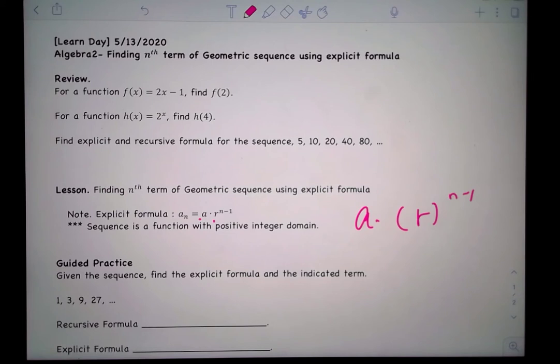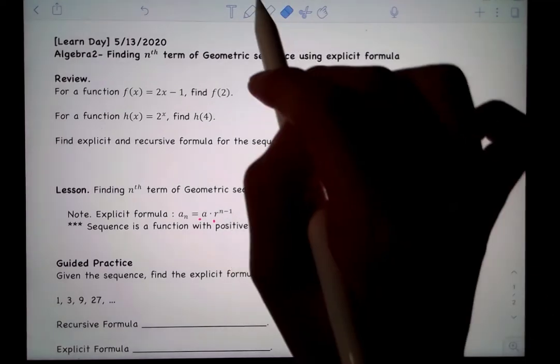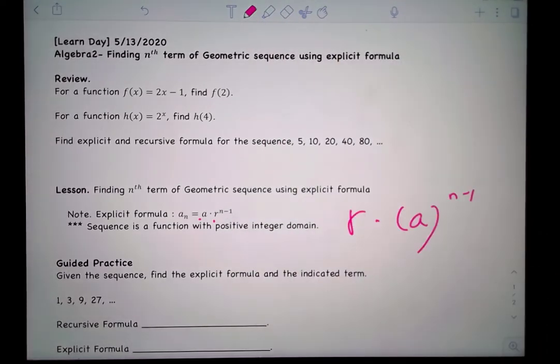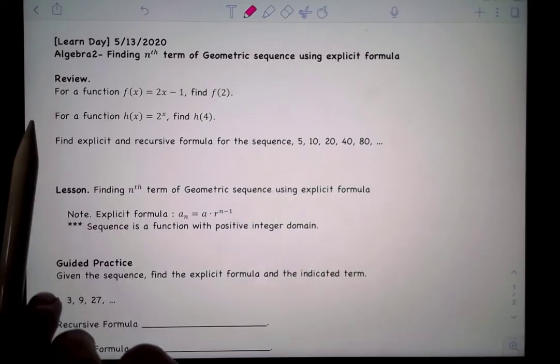And some of you found a and r correctly, but you put it like this, like r and a to the n minus 1. So I will fix it on your homework and I'll return it. So check your work. All right. So anyway, we will use those things today, and then I'm going to do some review first.